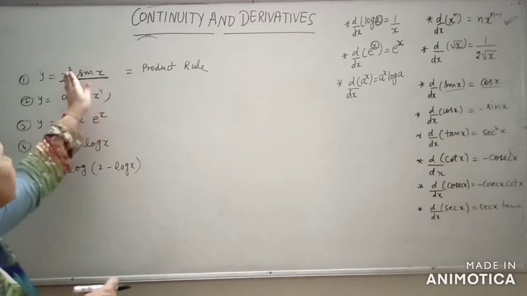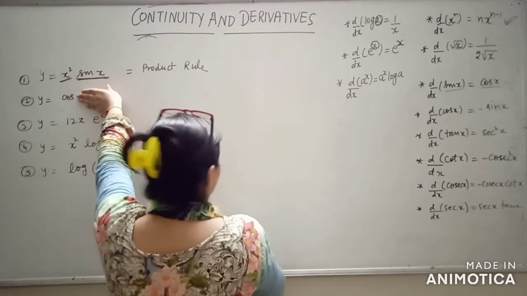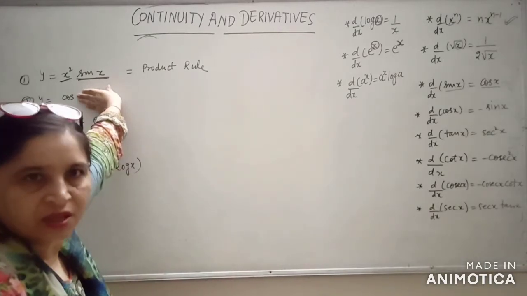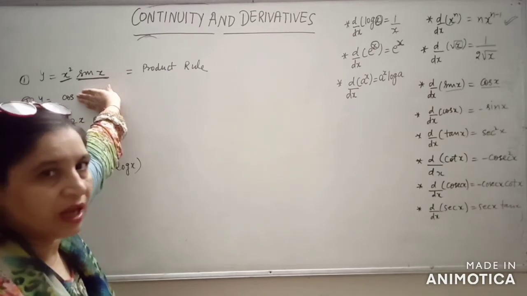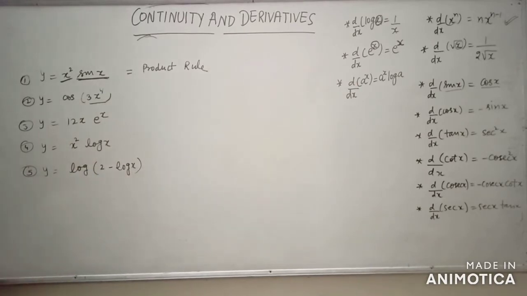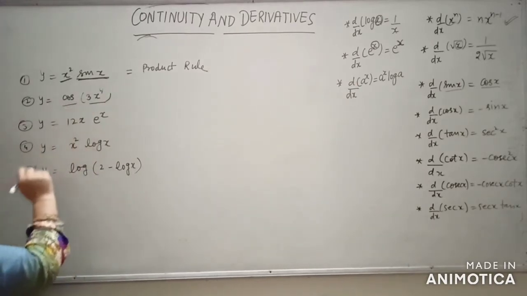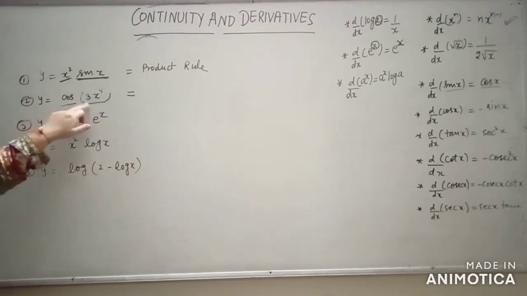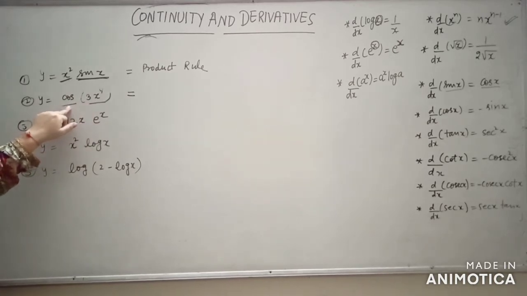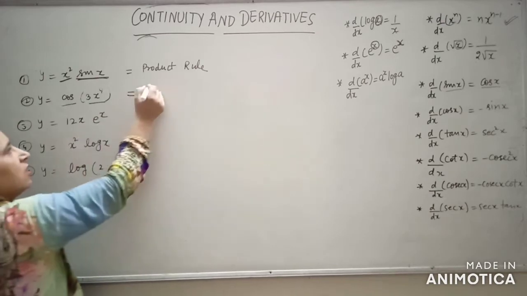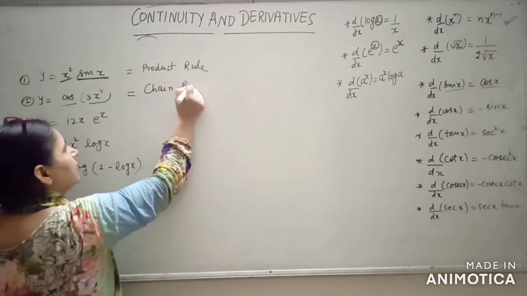If only cos is written, the problem is on which function I have to apply this cos. Cos is just a function, on what should we apply it? That is not clear. So both of these can exist independently, but cos cannot survive independently. So when one of the two functions cannot exist alone, then chain rule will be applied here.